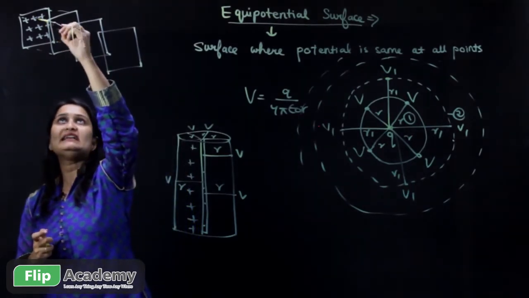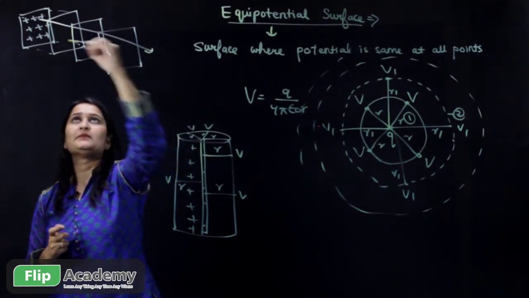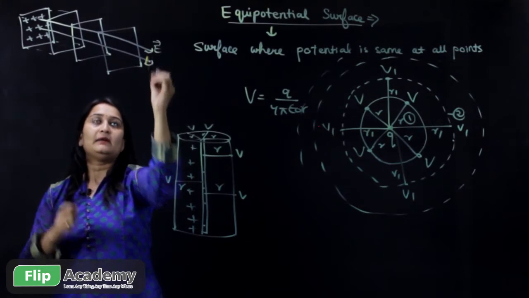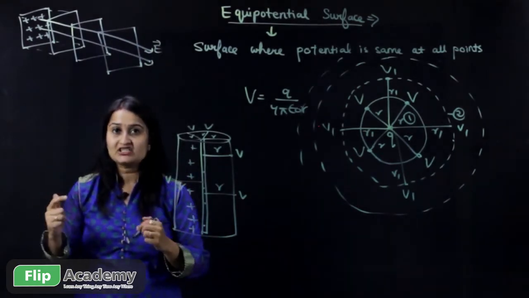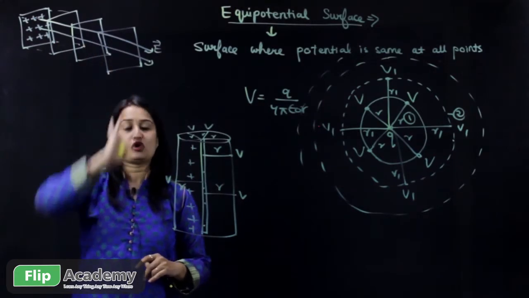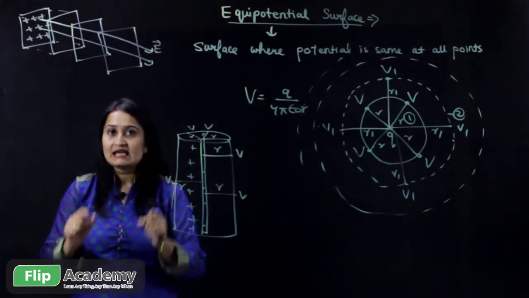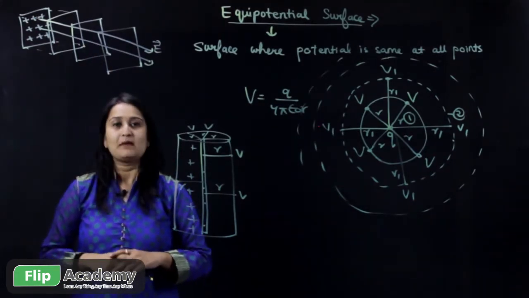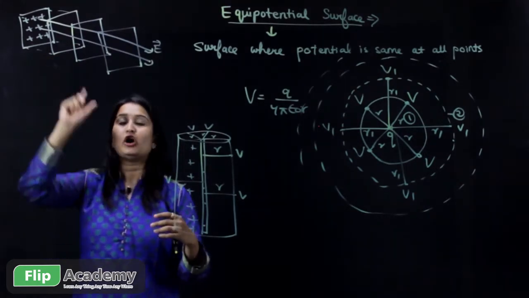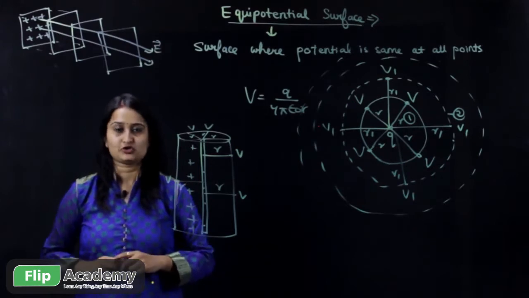If it provides the electrical lines, then these electrical lines come at a particular angle and pass through all equipotential surfaces, and at every point you will get the same value of the electric potential. So these are also called the equipotential surfaces for the sheet of charge.